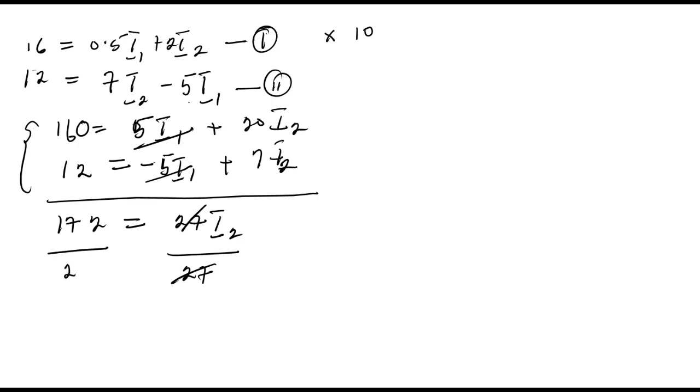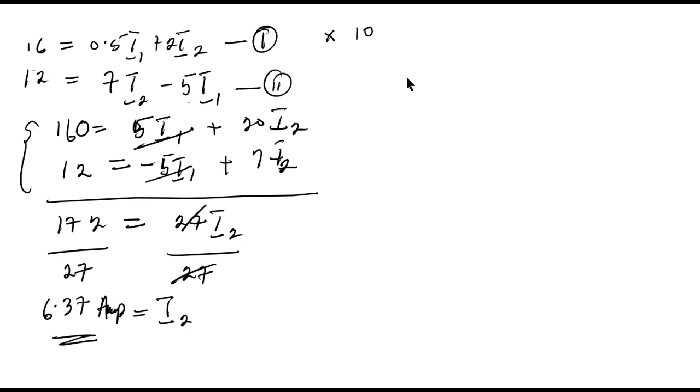So that I2 is equal to 172 divided by 27. From my calculator, 172 divided by 27 is 6.37 amps. So my I2 is 6.37 amps.